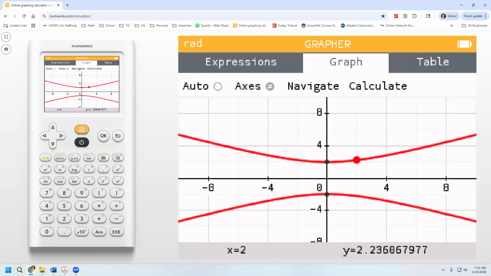Now let's look at this next one. Still at 0, 0. Underneath the x, we have 4. So my a is 2. My b is 6. We're centered at 0, 0. We're going left and right 2, up and down 6. And we're going to draw our diagonals. This time, x squared is first.